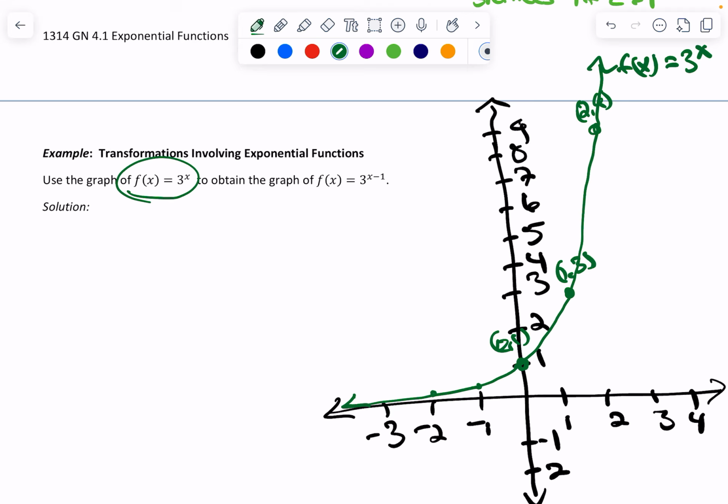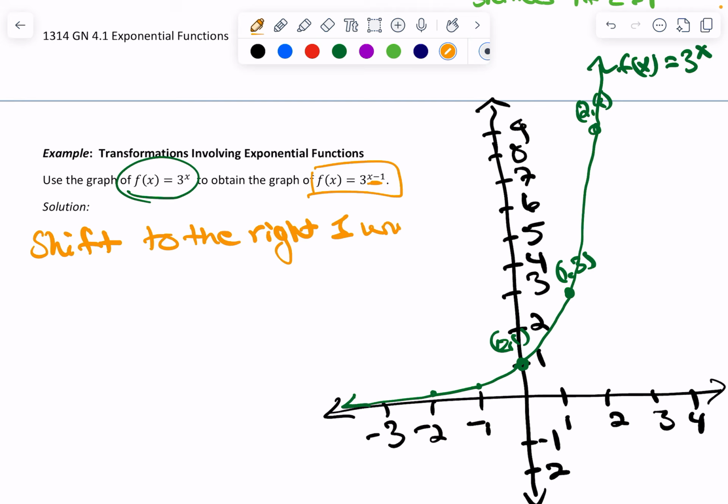Okay, so what we're going to do is we have f of x equals 3 to the power of x minus 1. So the minus 1 is with the x, so what we are doing is the horizontal shift. And since it is a negative, we're going to the opposite side, so we are shifting to the right 1 unit.